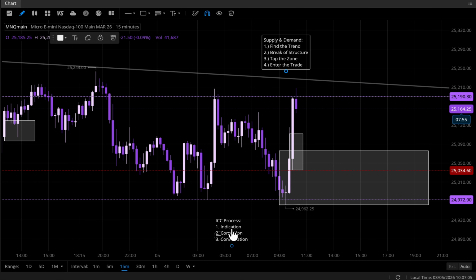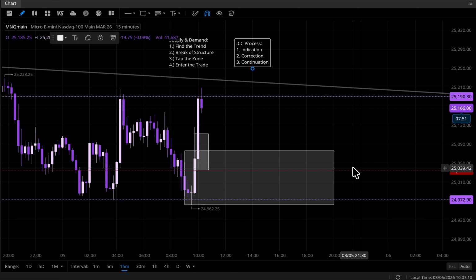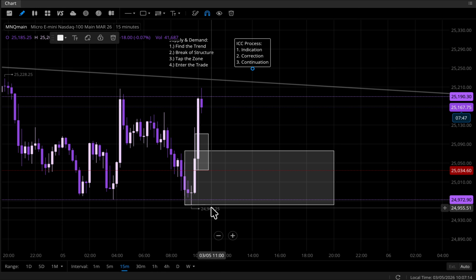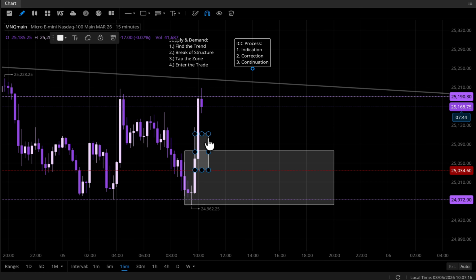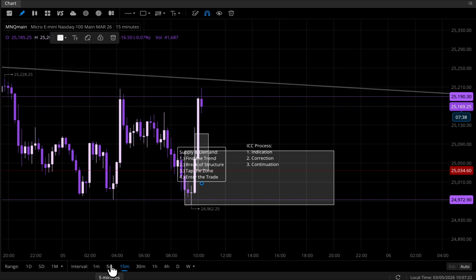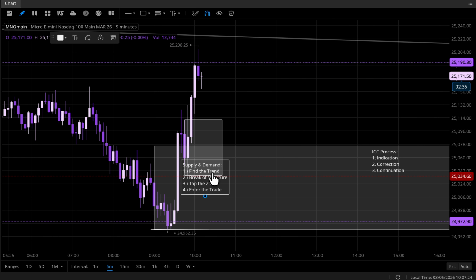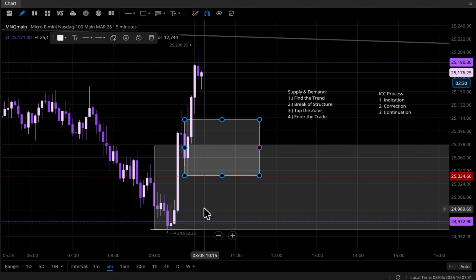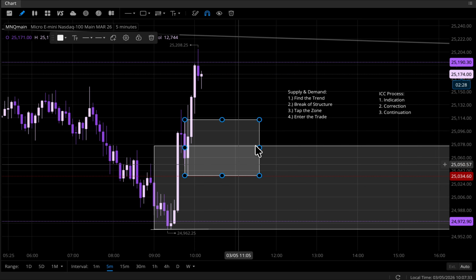Okay, so on the 15 minute, the zone is all the way down here. And what's this? This must be the 5. Yeah, that's the 5 minute zone. Hopefully it just comes back to the 5. I mean, the deeper the better, but then there's potential for it to flip.